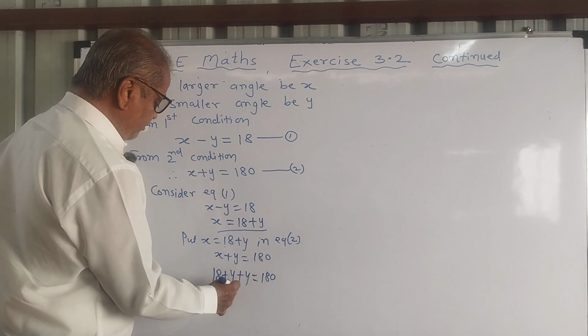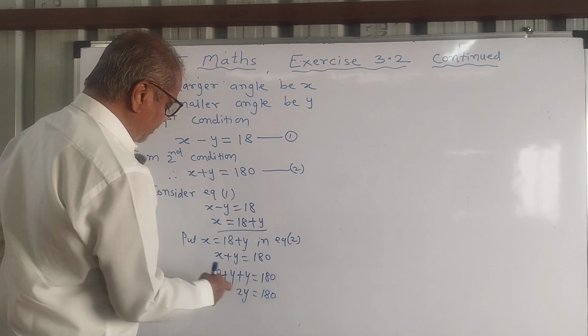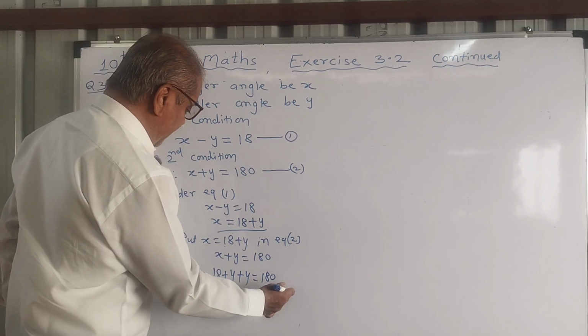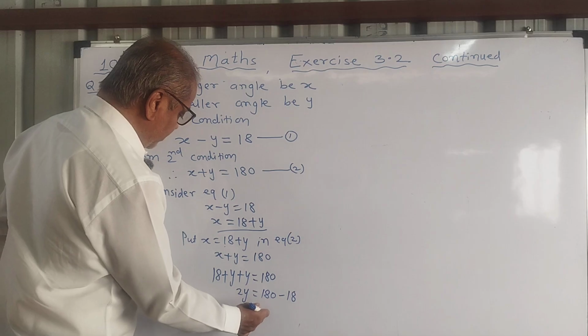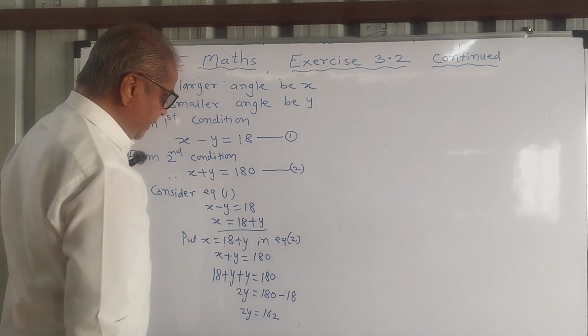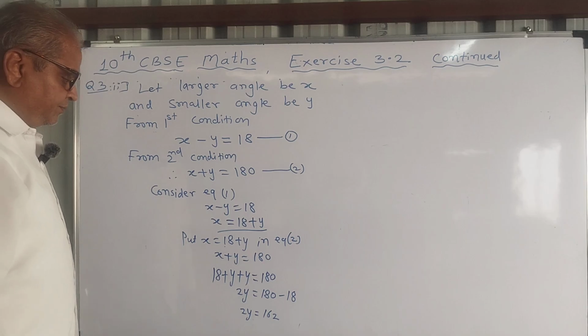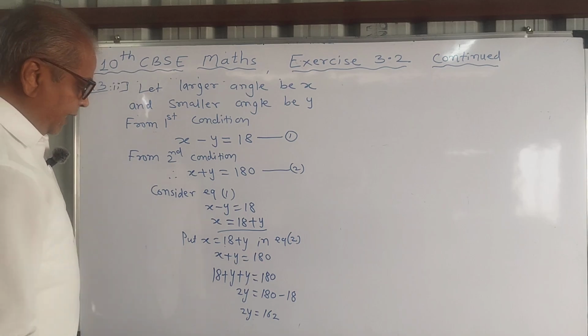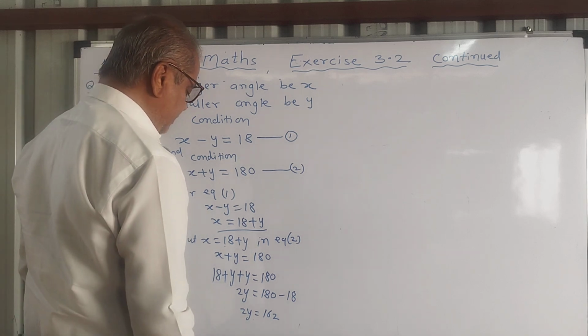Now y plus y gives 2y is equal to 180, and if you transfer 18 there, it will be minus 18. So 2y is equal to 162. 180 minus 18 is 162. And if you transfer 2 to the RHS, it will be upon 2.